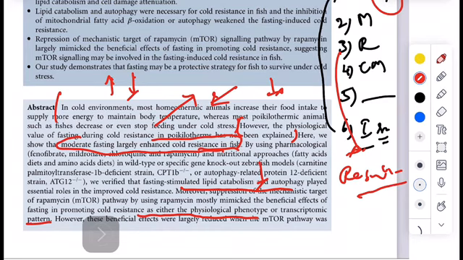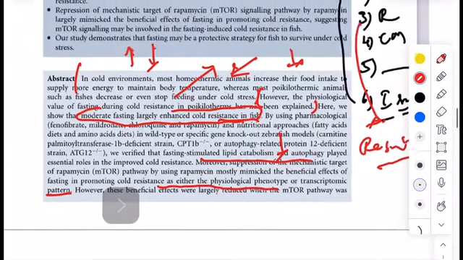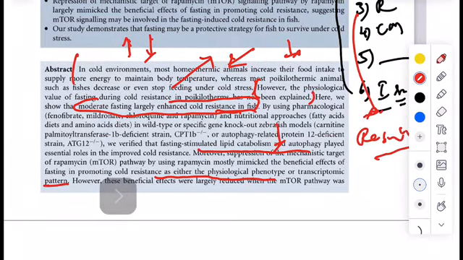And finally, however, these beneficial effects were largely reduced when the entire pathway was blocked. Finally they write a conclusion from this: fasting helps poikilothermic animals to survive, or to increase their resistance to the cold environment. That is the conclusion from this study.